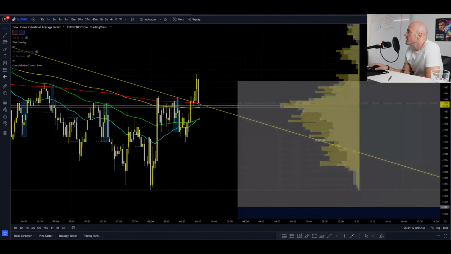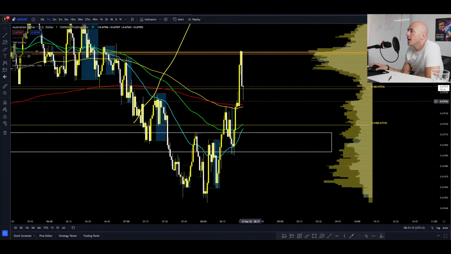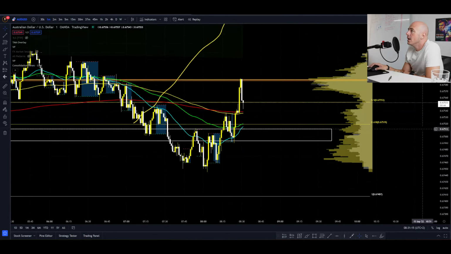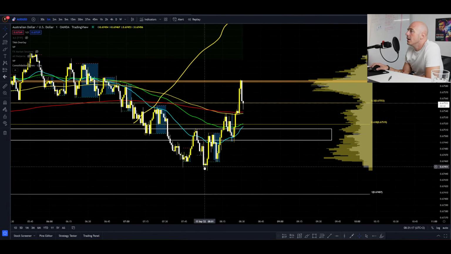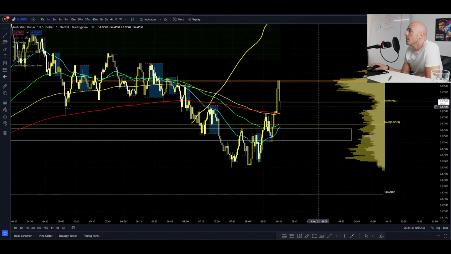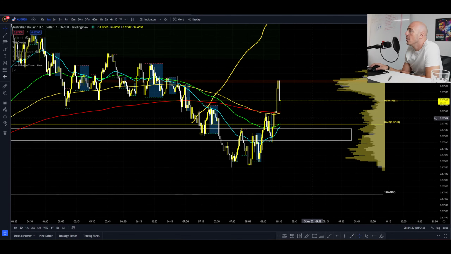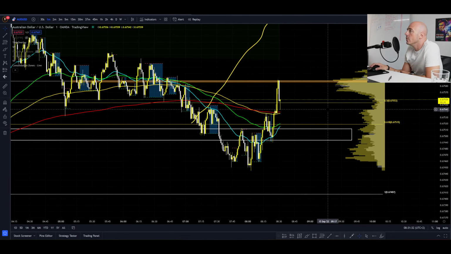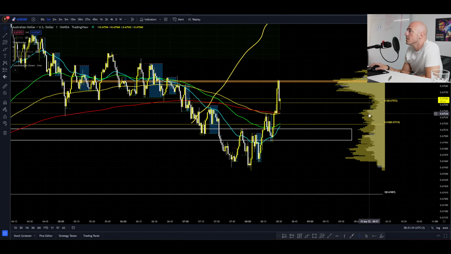Australian dollar, US dollar. Really, really fat rejection off of the high volume zone. All the way to the buyers that have some strength here. And now buyers are increasing in strength here, as you just saw it tick up.